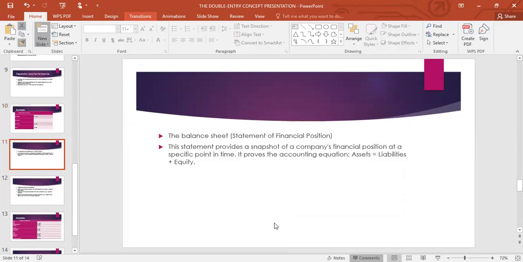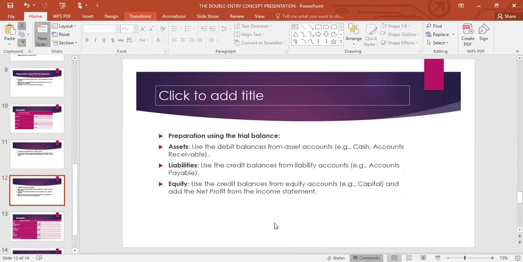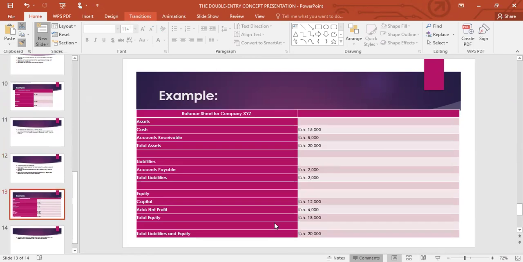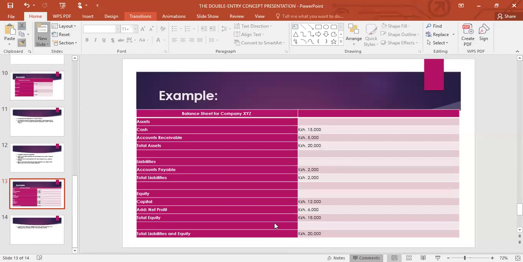Now, after that, we are going to come to our balance sheet from the information that we've been having of the company XYZ. This is where we're going to meet our accounting equation, which states that assets is equal to liabilities plus the owner's equity.